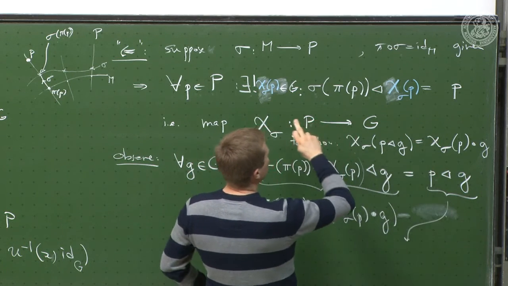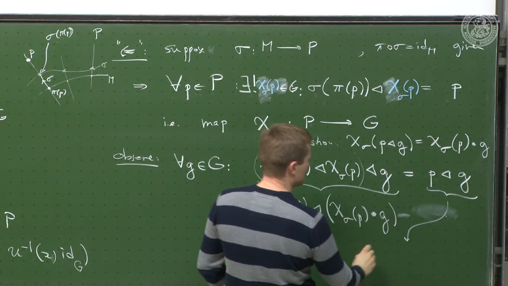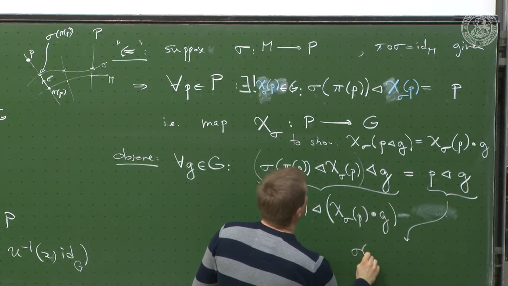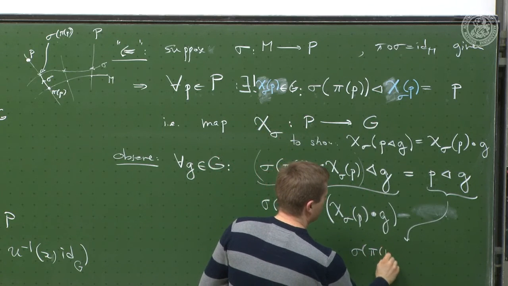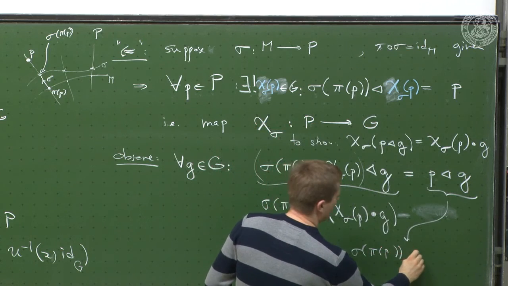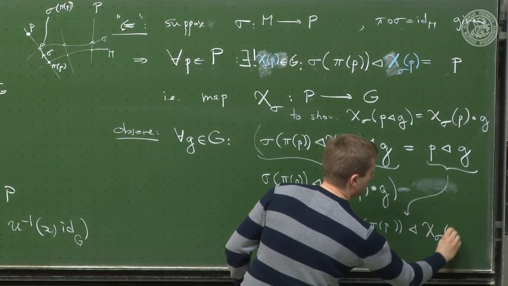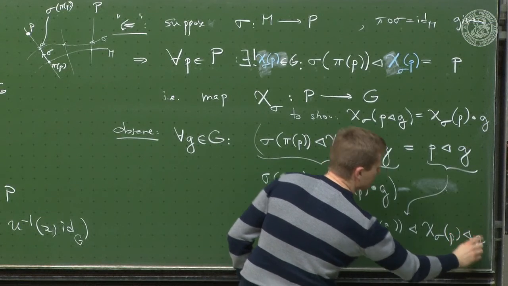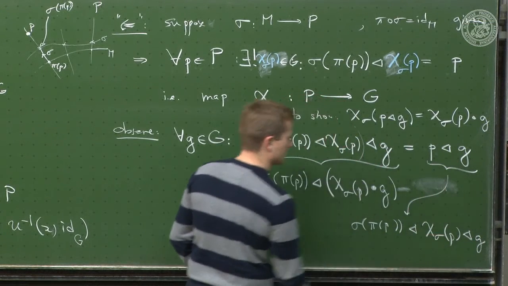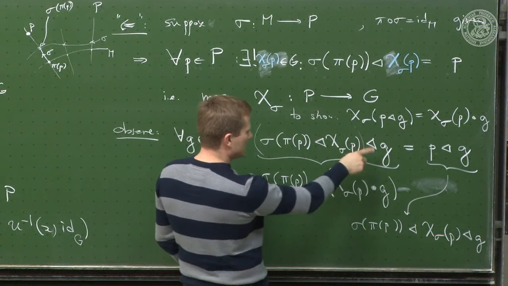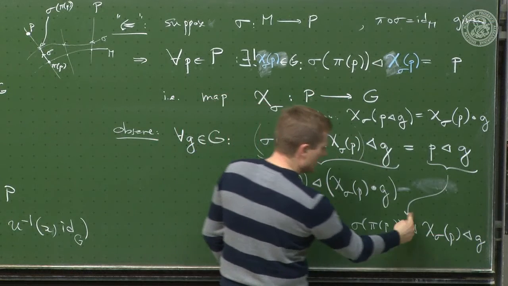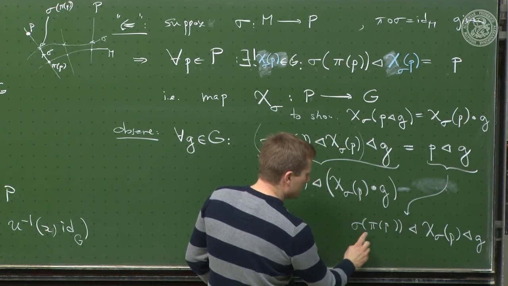Now this P is this guy. So let me just repeat this, but then modify it: of P, and on it acts chi sigma of P, and on this acts a G. That's just a rewriting of this side. We did this before, and it goes to this, but this guy can also be written differently.